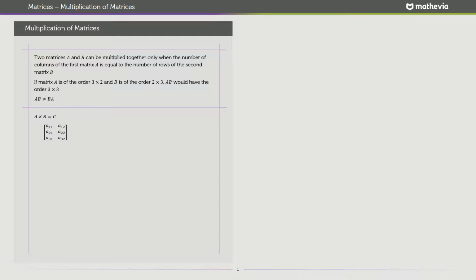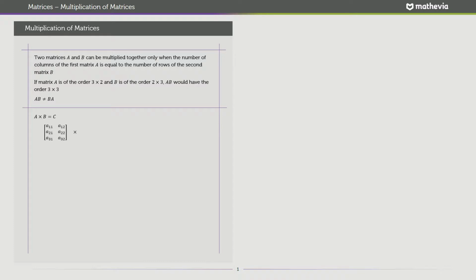In the first row and second column, A12. In the second row and first column, A21. In the second row and second column, A22. In the third row and first column, A31. In the third row and second column, A32.